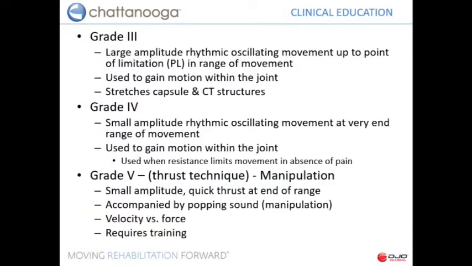So then when we look at the higher grades, grades 3 and 4, we're really looking to increase the amount of intensity as well as potentially the duration to influence the amount of mobility that's going to be going on in a certain articulation. And then a grade 5 is your thrust maneuvers, your adjustments, chiropractic, osteopathic, whatever you want to call it, where it's very, very rapid.